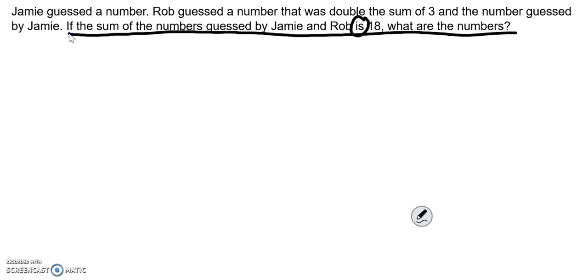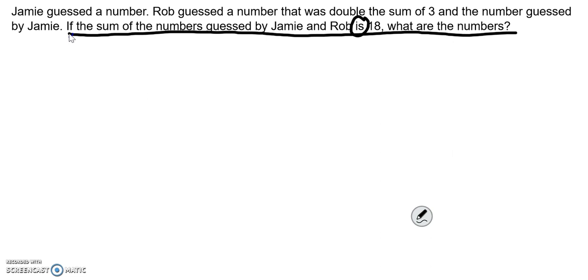Because it's saying if you add the numbers that Jamie and Rob guessed, that the answer is 18. So when I write the equation, I'm going to be adding Jamie's number to Rob's number, and that's going to equal what? 18.